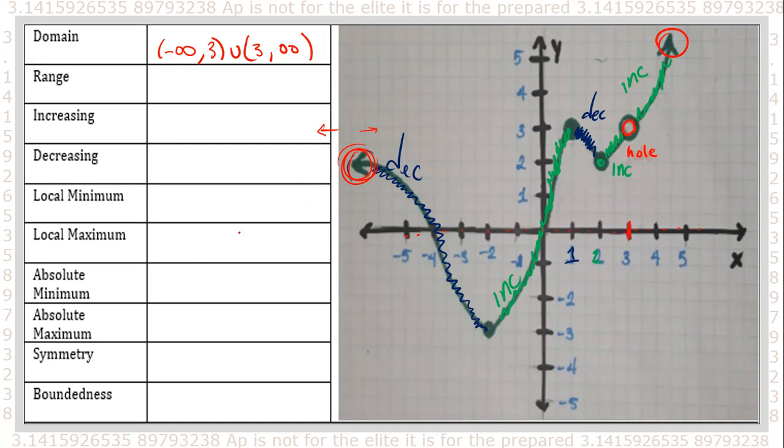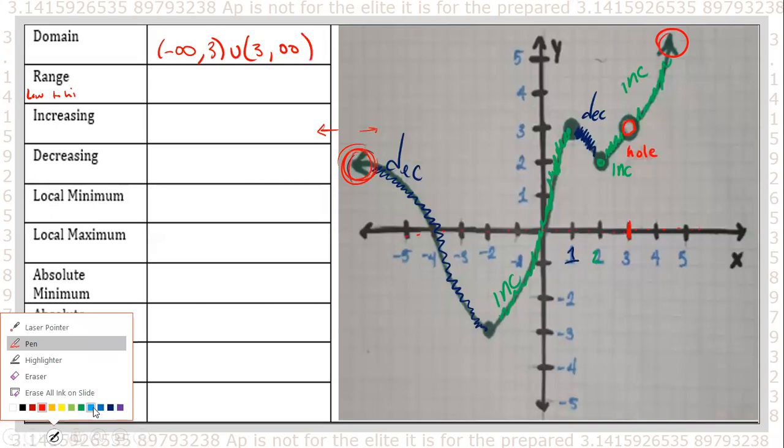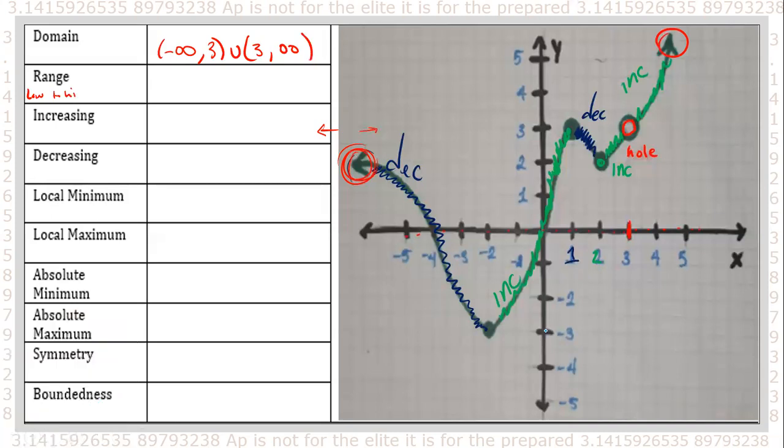Alrighty, let's try the next one, my range. So how low to how high can this function go? Can you go down low? Well, actually, the lowest I can go is right here, at y equals negative 3. I can physically put a point right here. Hopefully you guys can see that.